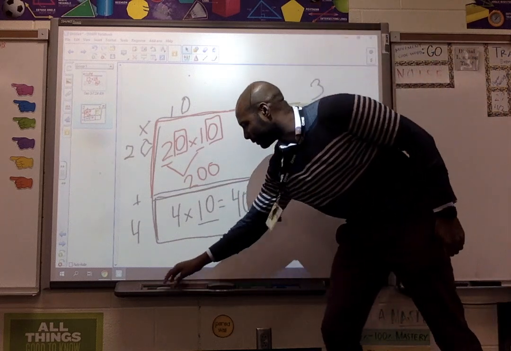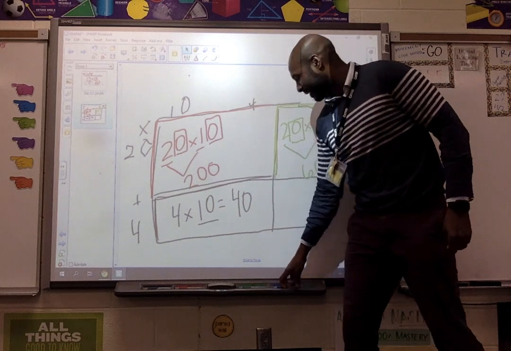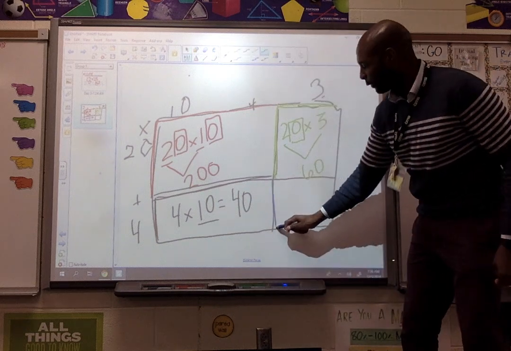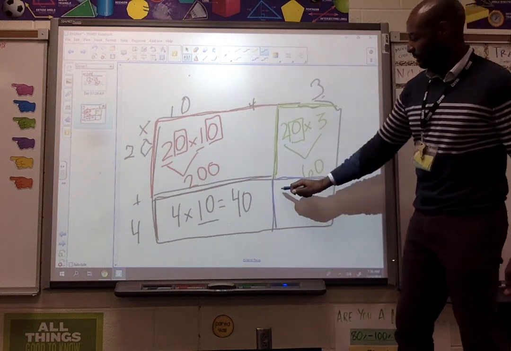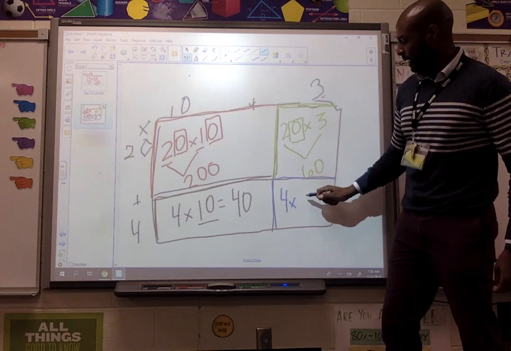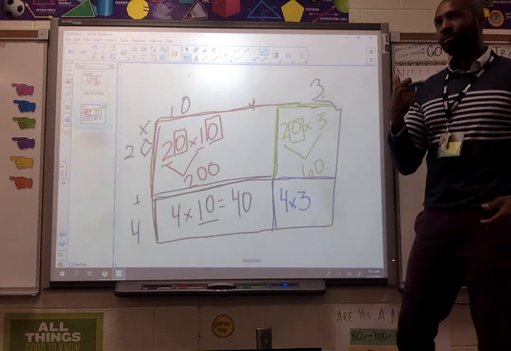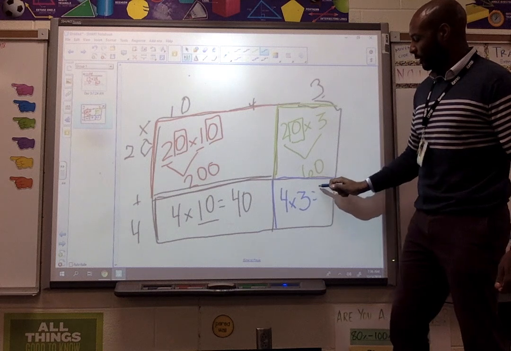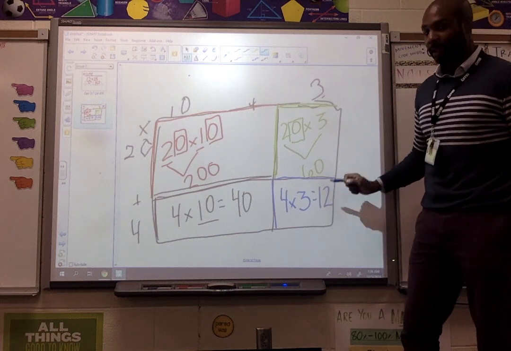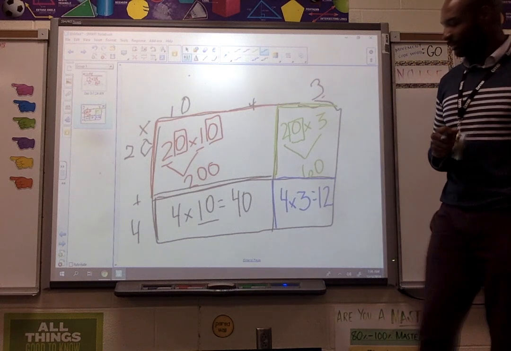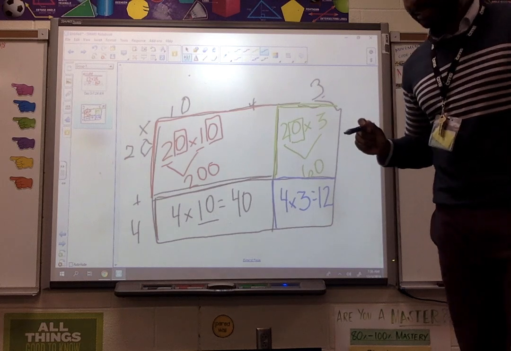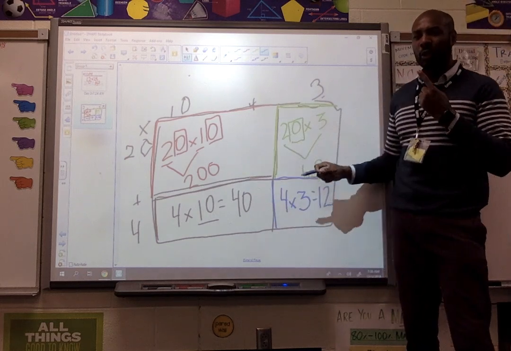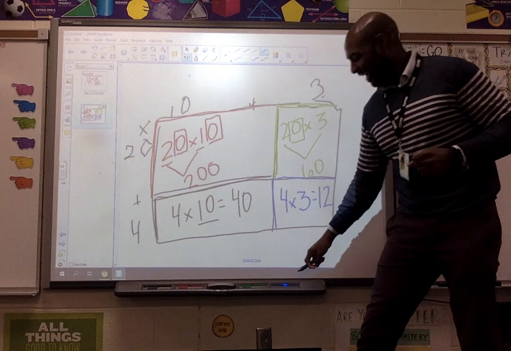My last rectangle. So after I have 4 times 10, I have my last one, which is 4 times 3. 4 times 3 equals 12. So now, class, I have all of my partial products.